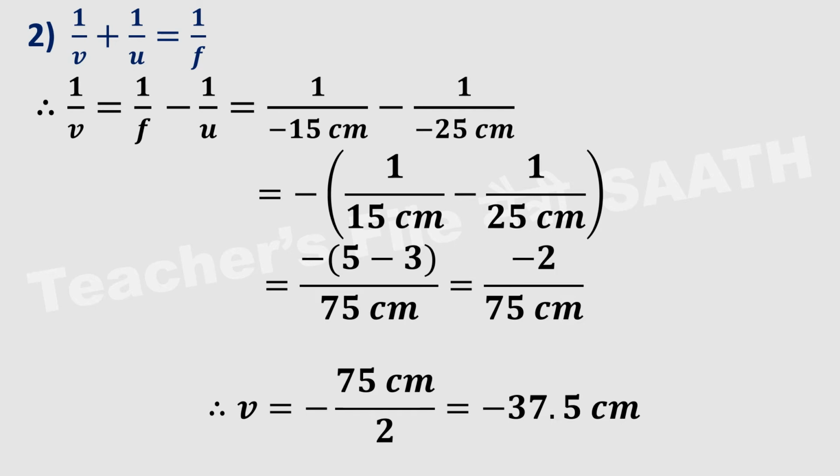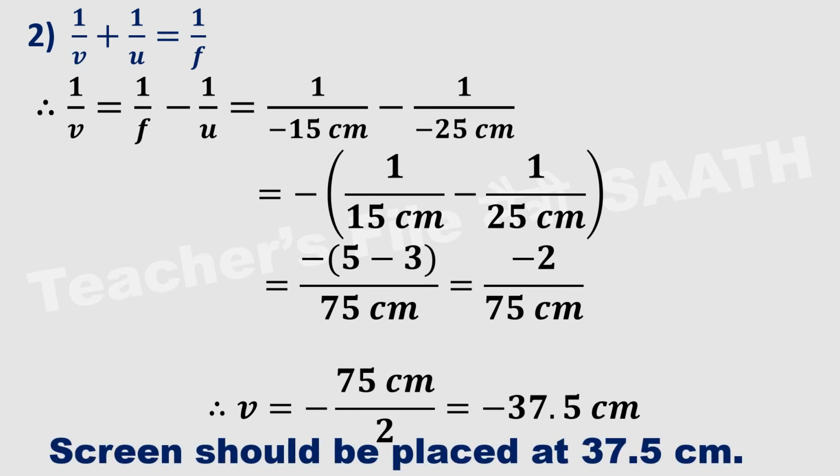Therefore, v is equal to minus 75 cm upon 2 is equal to minus 37.5 cm. Screen should be placed at 37.5 cm.